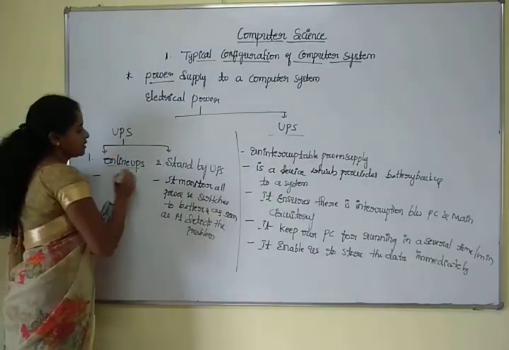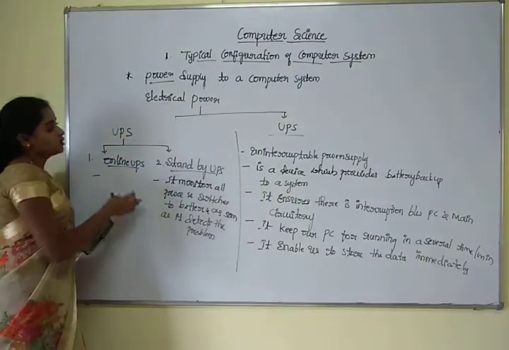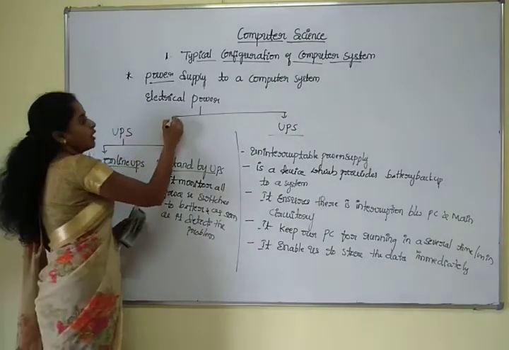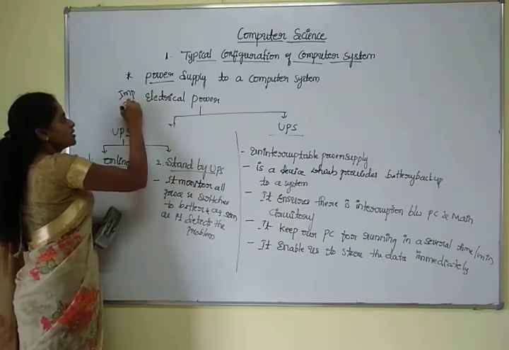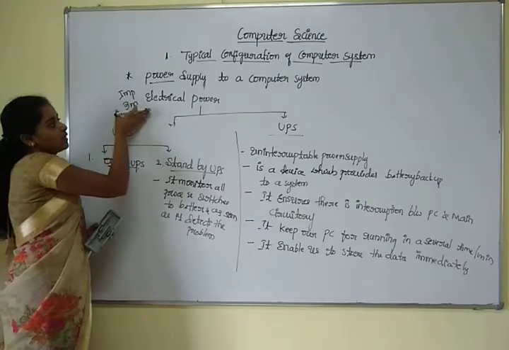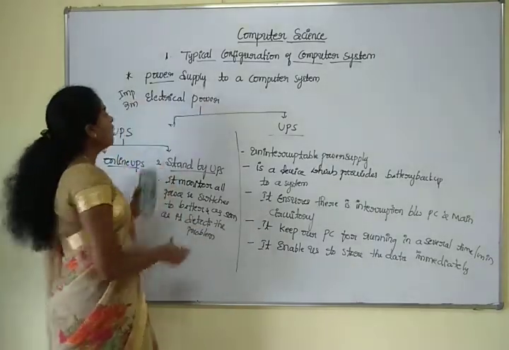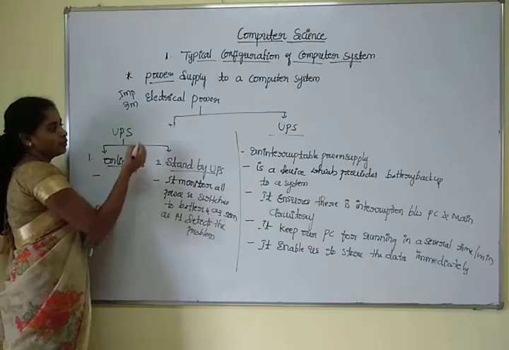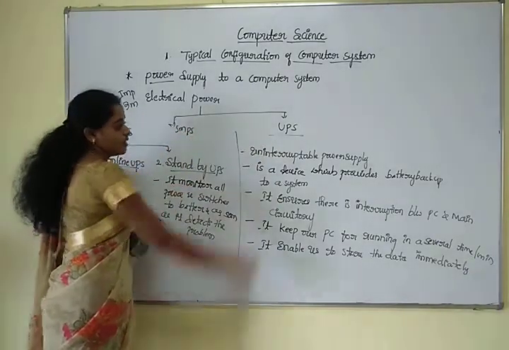This is about online UPS and standby UPS. In this concept, the power supply is important for 3 marks in your examination. If they ask what are the types of power supply for 3 marks, you write one is SMPS and one is UPS.